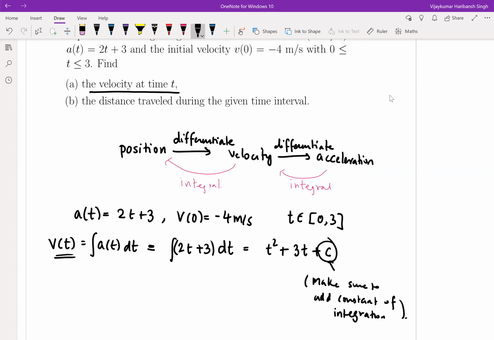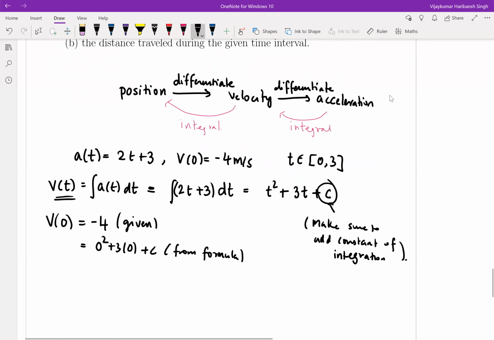So for that, notice that we are given some more information, namely v of 0 is minus 4. But if you put it in the formula, you get 0 square plus 3 times 0 plus C. So this will give me C equals minus 4.